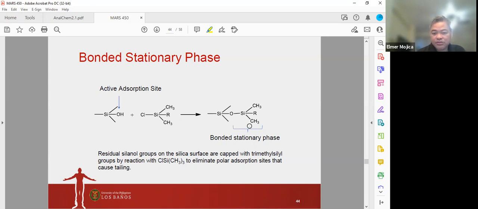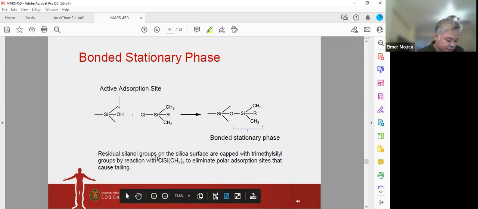So the way that you have here, you form a bonded stationary phase. The residual silanol groups on the silica surface are capped with trimethylsilyl groups. You react it with the chloromethylsilane and it will eliminate the polar adsorption sites that cause tailing.